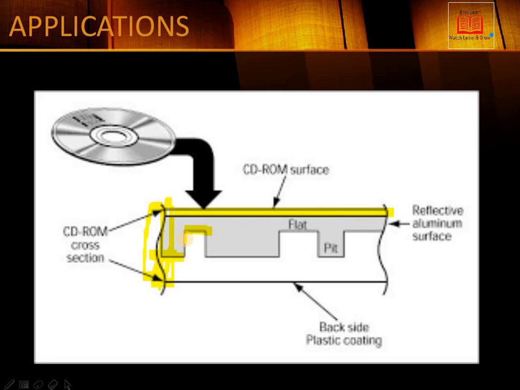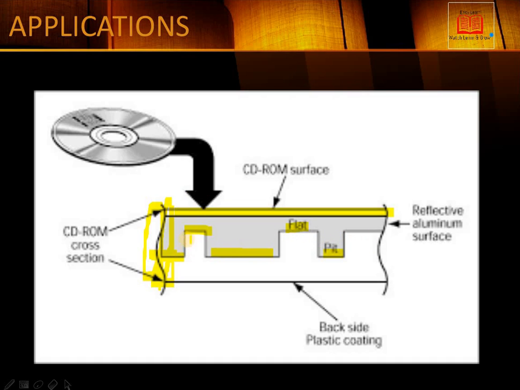Binary data is stored on the CD, digital data, and of course binary has just two levels, zeros and ones. In the form of zeros and ones data is stored, and let's say this is a pit, a bit 0 level, and this is a flat. So in the form of pits and flats data is stored.